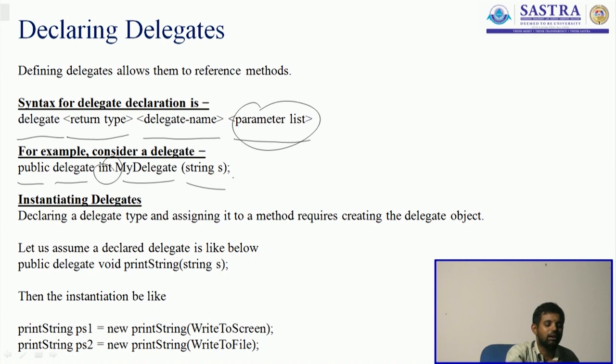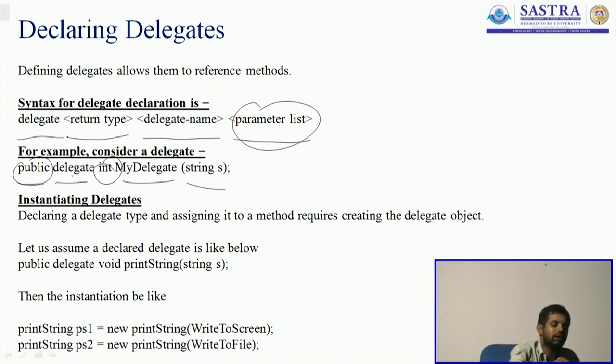See, we can have a simple example to make you understand how a delegate can be declared, right? It should start with the access specifier public. It is optional only, right?